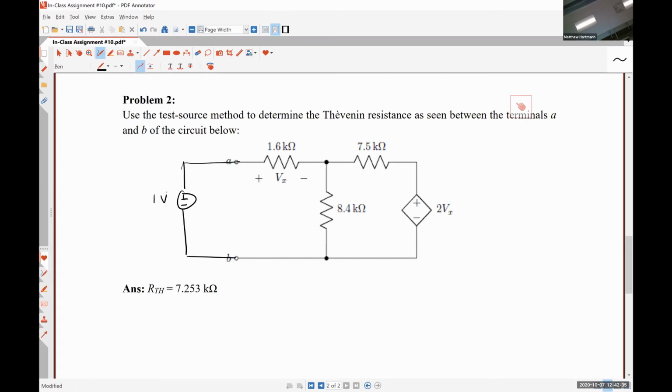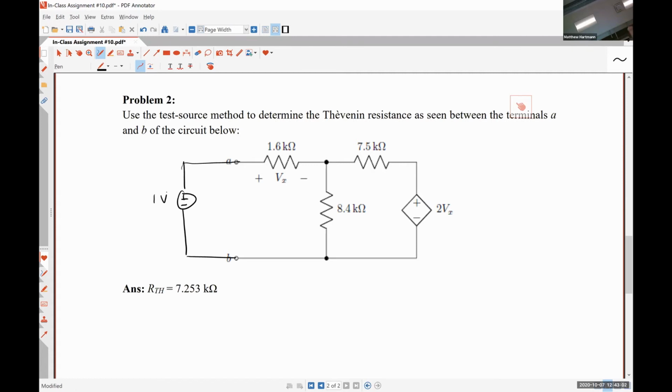Would it have changed anything if I had used a 1 amp source versus a 1 milliamp source? It does not, because of the homogeneity principle of linearity, right? If I scale my input, I scale my output, right? And so all of my currents and stuff would have been increased by a factor of 1,000.